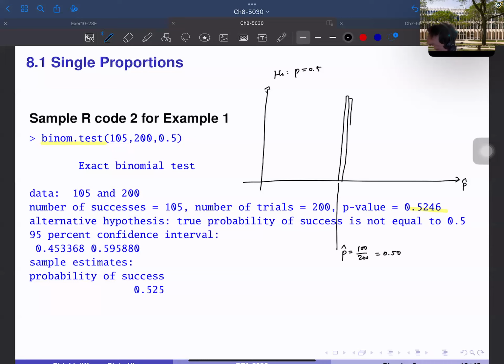The next bin is exactly 101 over 200, so that is 0.505, and 0.510, and so on. If we make this distribution, we have 200 bins.